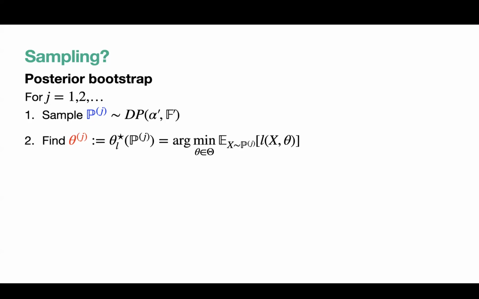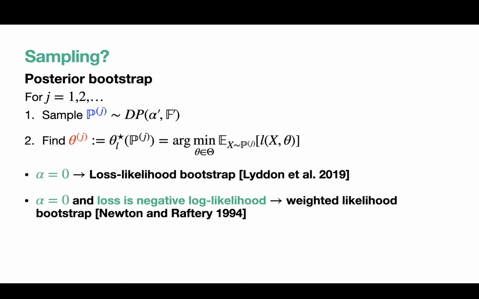And there are some links to the Bayesian bootstrap, because if you think about what happens when alpha equals 0, so if I have a non-informative prior, I just get back what was called the loss likelihood bootstrap. And if furthermore I choose my loss to be the negative log likelihood, I go back to a special case of the Bayesian bootstrap, which was also called the weighted likelihood bootstrap by Newton and Raftery.